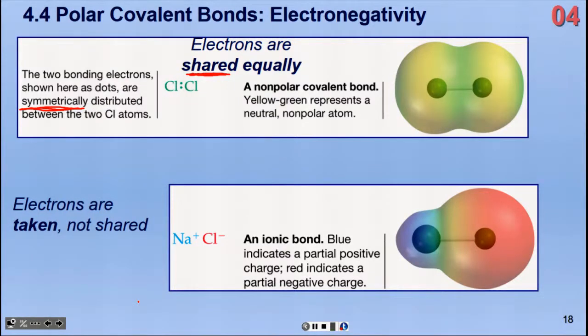But if you put chlorine with something else, like sodium, then we call it an ionic bond because the electrons are going to be taken and not shared. So taken by the chlorine, and sodium is going to lose an electron, and it gives you an ionic bond.